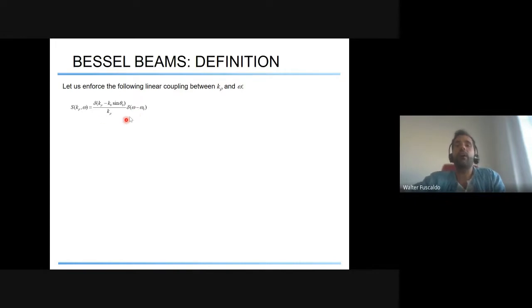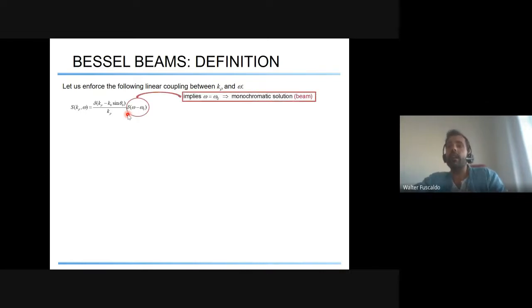And then we have this other delta function that enforces that the only acceptable value for the radial wave number is equal to k0 times sine theta 0, where this angle here, theta 0, is called the axicon angle.